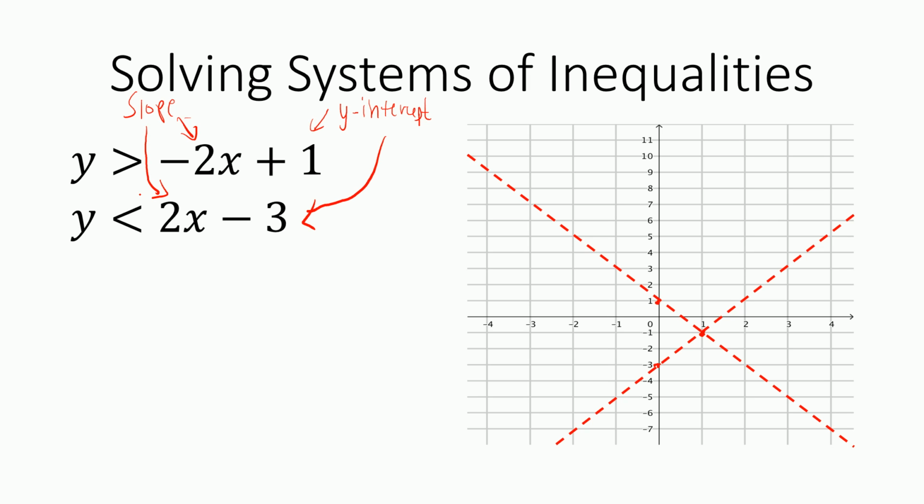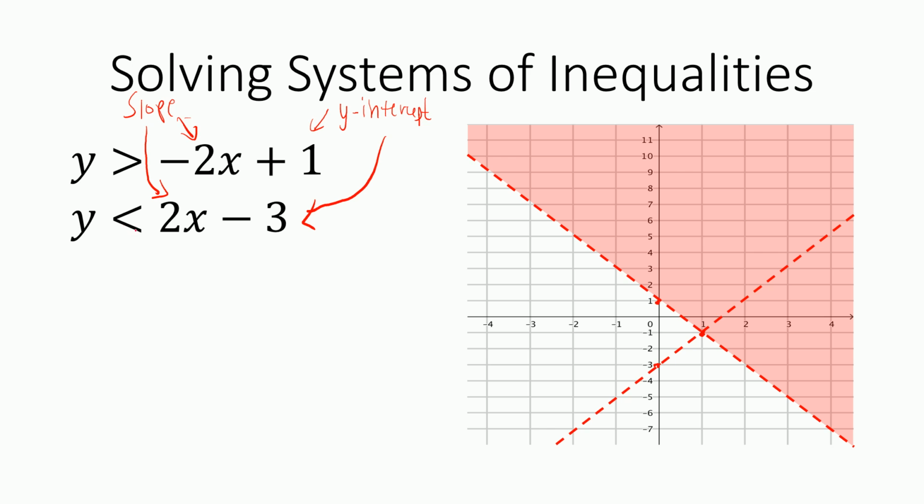Now that I have my lines, I can shade my regions depending on what the inequality symbols are. Now, keep in mind that we're eventually only going to shade an overlapping region, but at first we can shade both of them. So for this inequality, which was this line, it's greater than, so we would shade above.